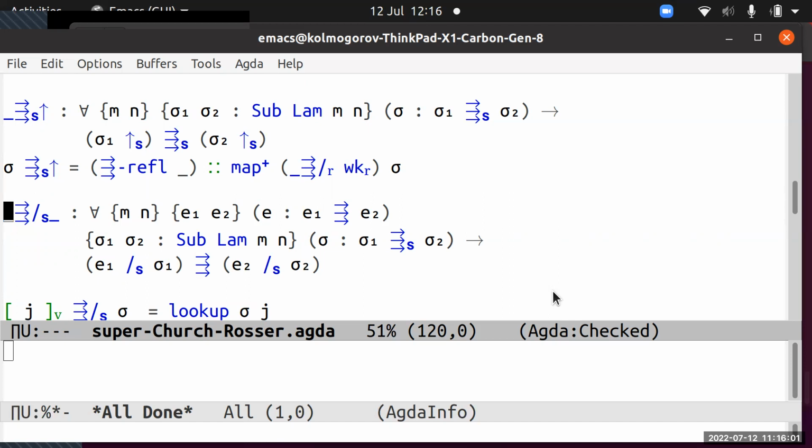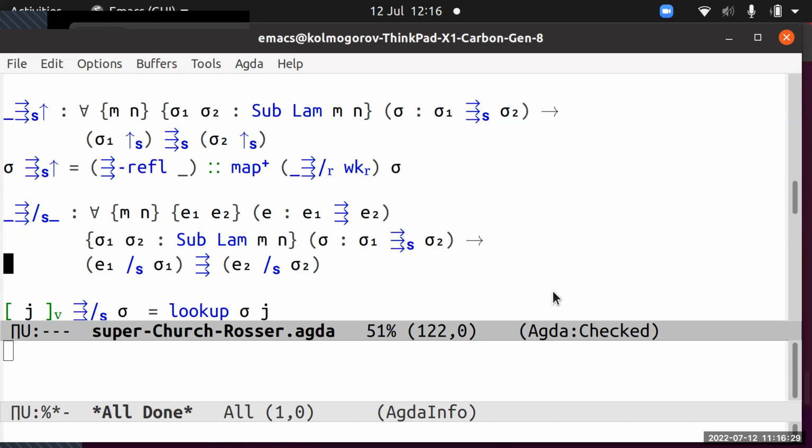And now I'm going to show that the action of sigma 1 on E1 superparallel reduces to E2 under the substitution sigma 2. And the proof is the thing I described to you: because we can go all the way down the abstract syntax tree and everywhere appeal to the pointwise term for term superparallel reduction inside the substitutions.